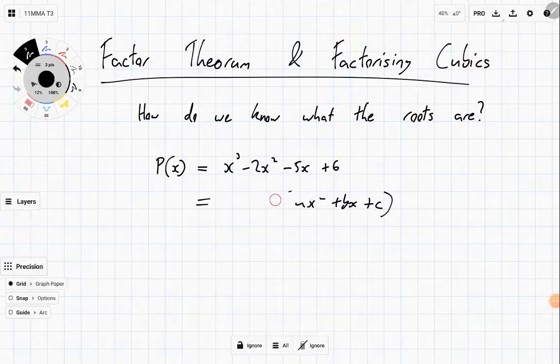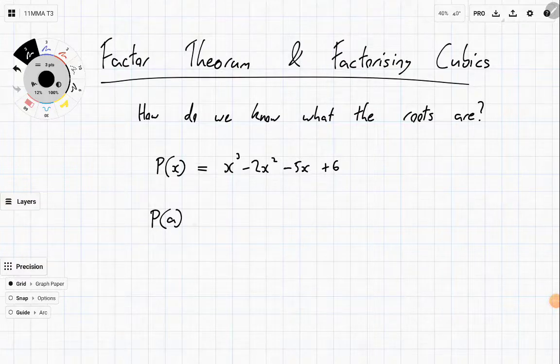Now, what the factor theorem says is that if p of a is equal to 0, then that must mean that x minus a is a factor of p of x.